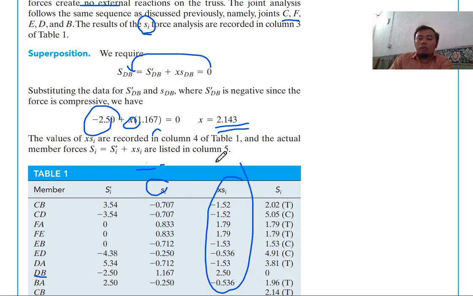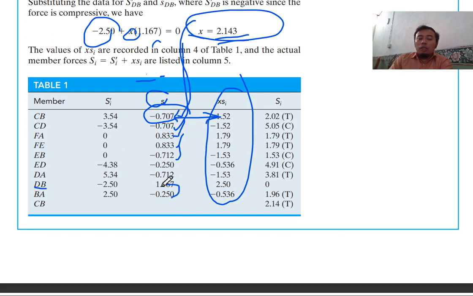So basically when you have this x value, you can multiply it with all these S_i values, S_CB, S_CD, S_FA, S_FE, S_EB, and so on. So 2.143 times 0.77, you get 1.52, and 2.143 times negative 0.25, you get 0.536.